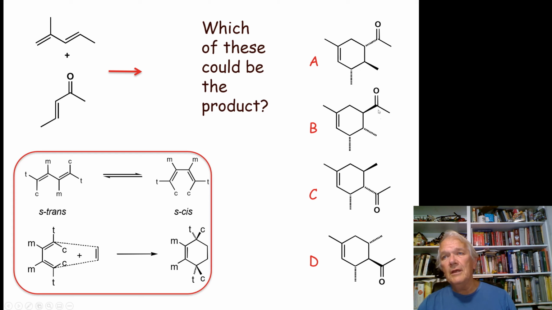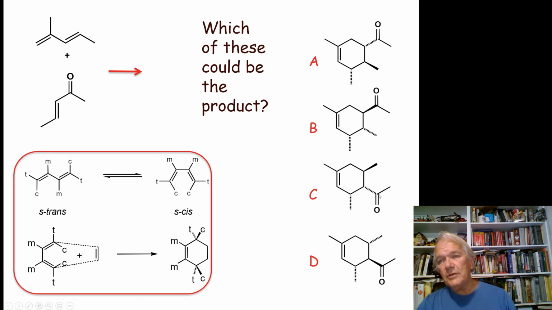That doesn't work. Here the carbonyl is away from the methyl group. That doesn't work. But here the carbonyl is next to the methyl. The carbonyl wants to be cis to the T groups. The T group is the methyl. So cis to the methyl, that's C. Okay, so that works. And then this other methyl, the one up here, is trans in the dienophile, so the carbonyl is trans to the methyl. So the right-hand side here is this piece right there.